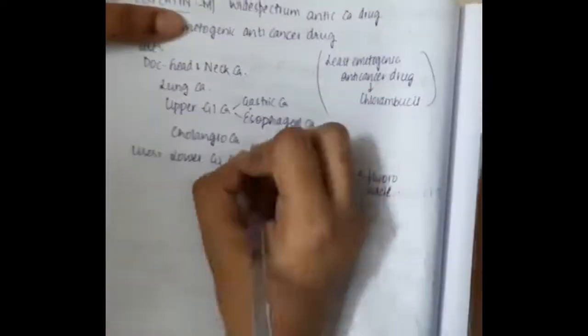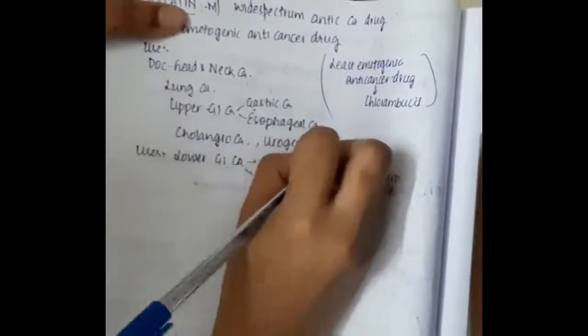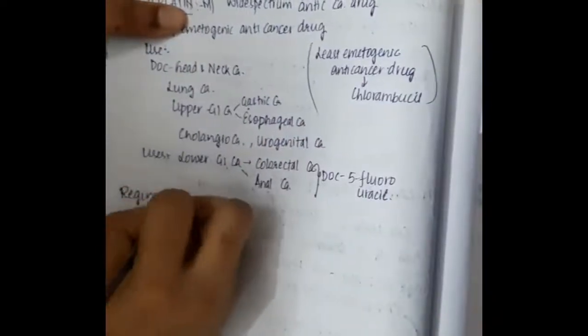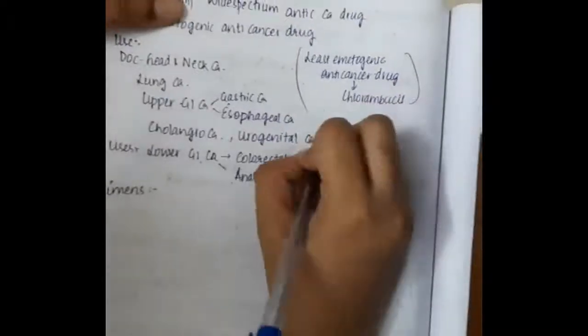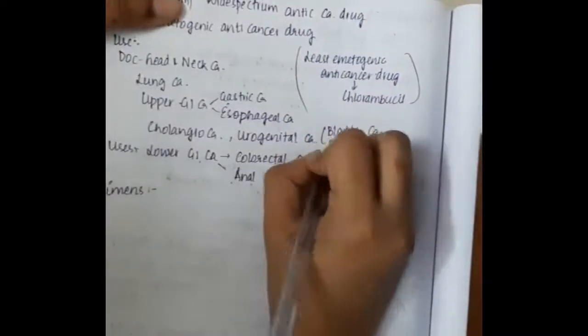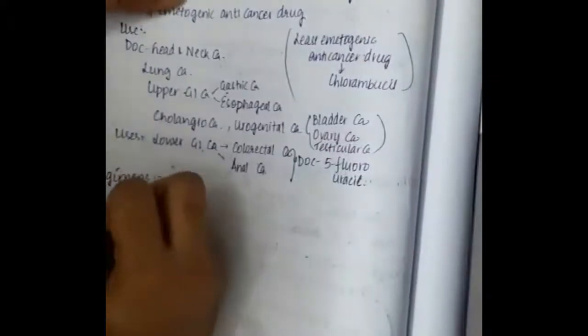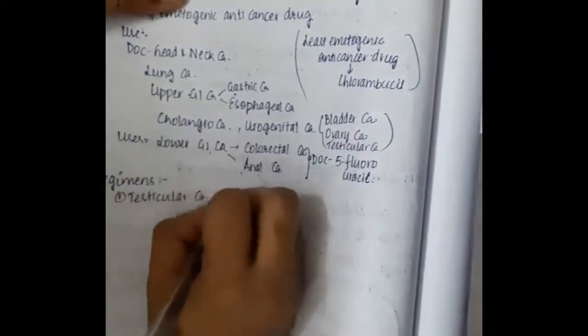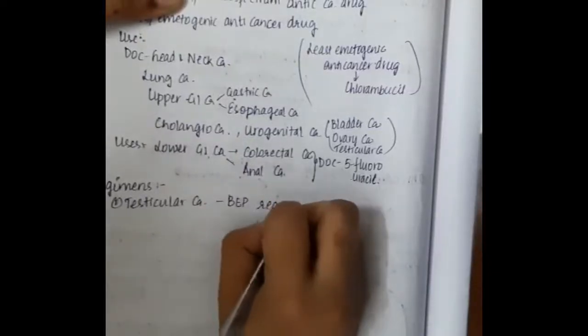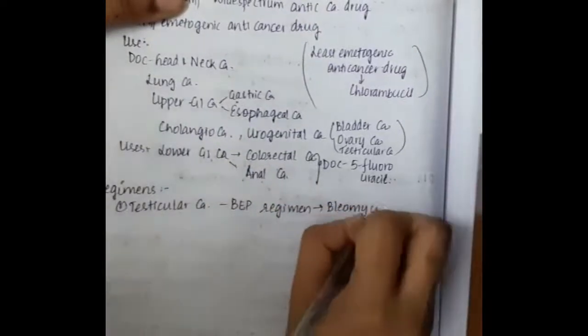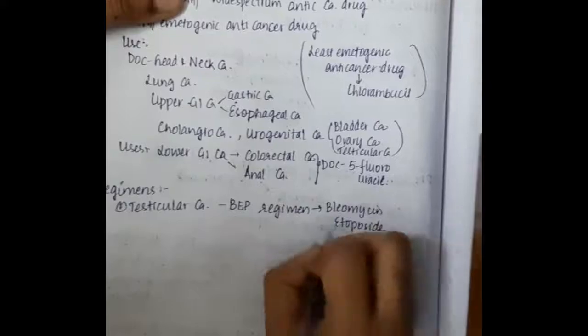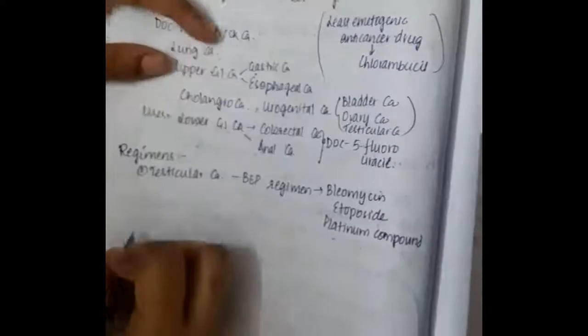Then the regimens where Cisplatin is involved: it is also used in bladder carcinoma, ovarian carcinoma and testicular carcinoma. First regimen which is important is for testicular carcinoma. In testicular carcinoma, we use the BEP regimen, which includes bleomycin, etoposide and platinum compounds.